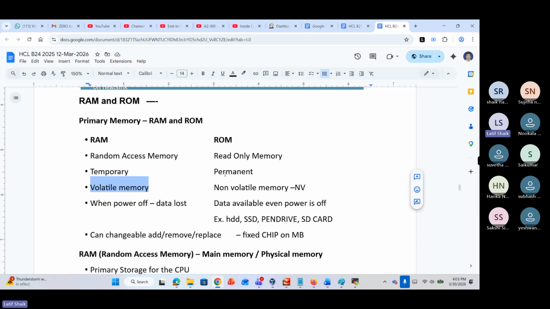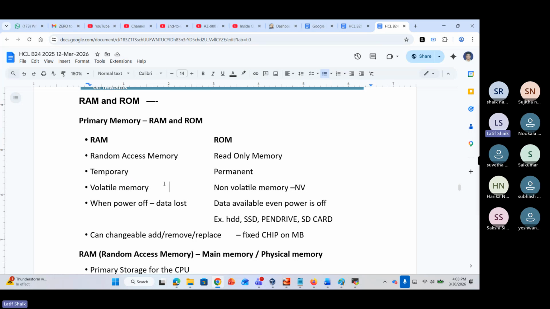So what is meant by volatile memory? When your system is shut down or powered off, the data in the volatile memory device will be lost.